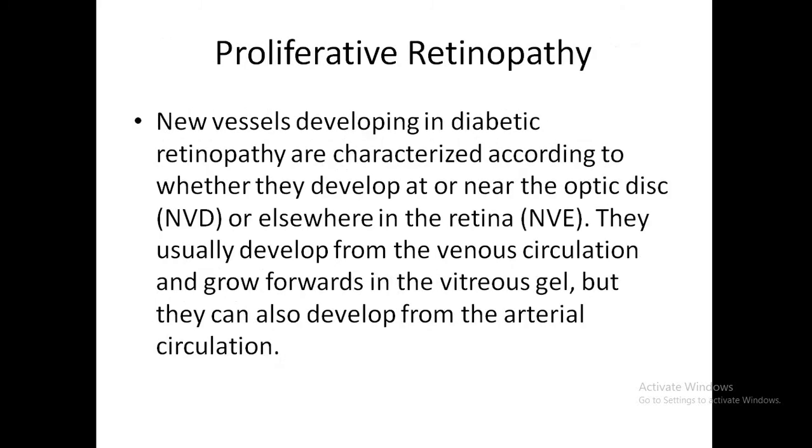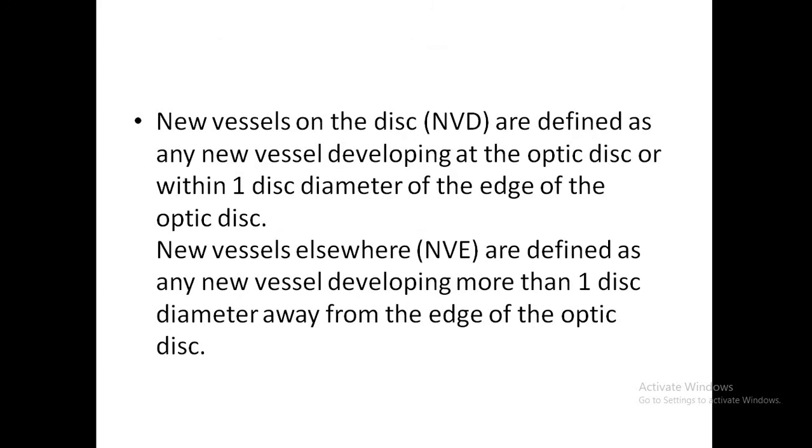Coming to proliferative retinopathy, they are characterized by NVDs and NVEs. NVDs at or near the optic disc. So they usually develop from the venous circulation and grow forwards in the vitreous gel. But they can also develop from the arterial circulation. But the NVDs and NVEs are mainly from the venous circulation. So what is NVD?